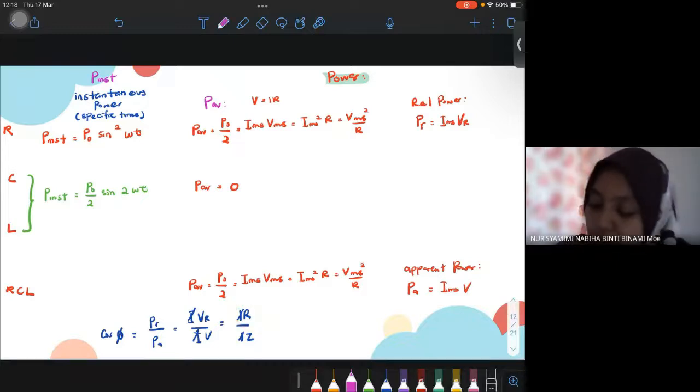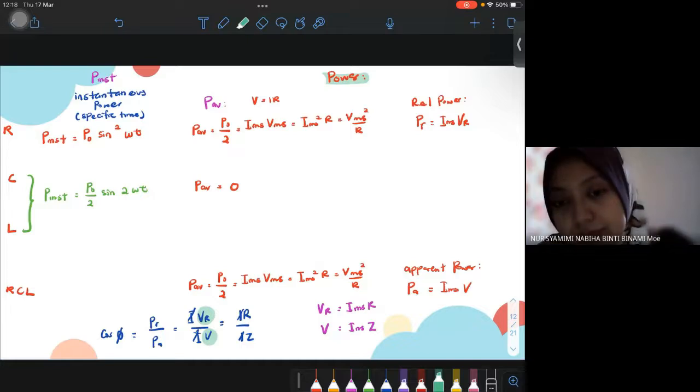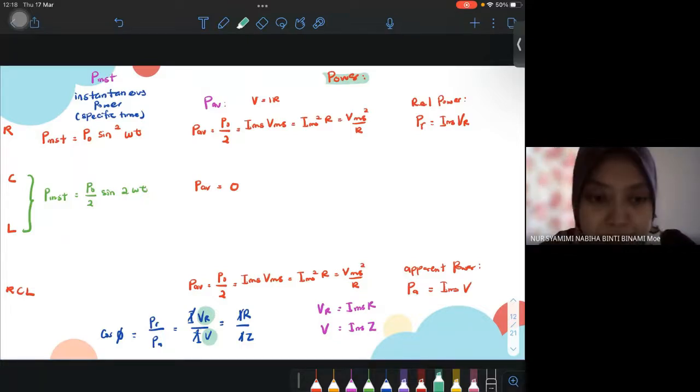Okay, because VR equals I_RMS R, V equals I_RMS Z. From here, this is VR, this is V. So R is the resistance. Okay, so that is the power factor.